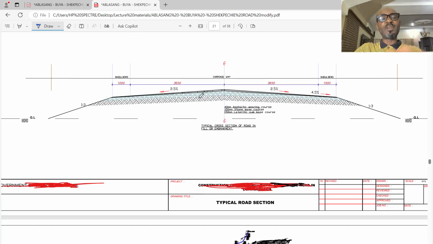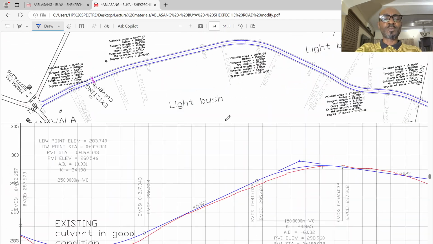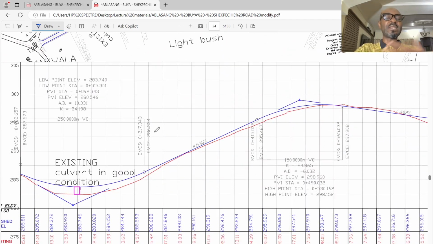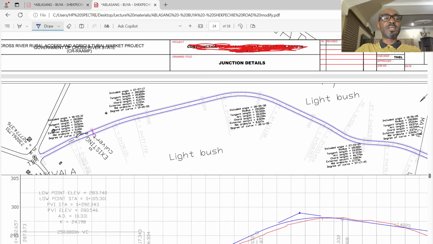So having given us explanation on the cross section, let us now go to the longitudinal section where the road is now cut across. This is the distance. This is the beginning of the road, and it's going all through this way.